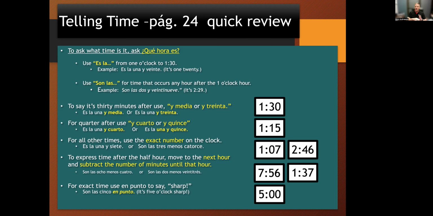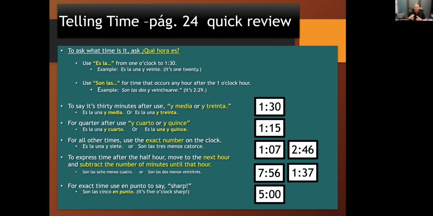We use son las when it's a time past 1 o'clock because now the time is plural with 2 and on. To say 30, we use y media, or you can still use y 30. For a quarter, you can use cuarto or quince. For all other times, you can use the exact number on the clock, unless you're cheating a little bit and saying más o menos. When the time comes after 31, you're going to take the next hour and subtract the time. Before that, you're going to add it.